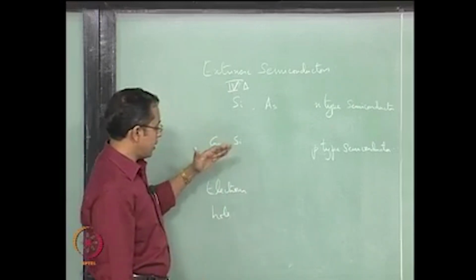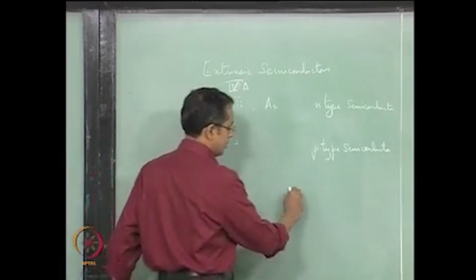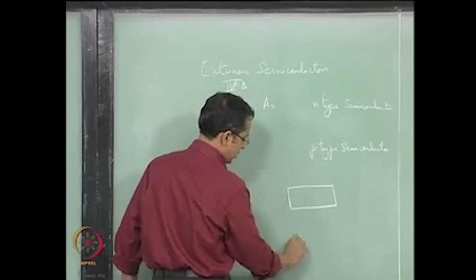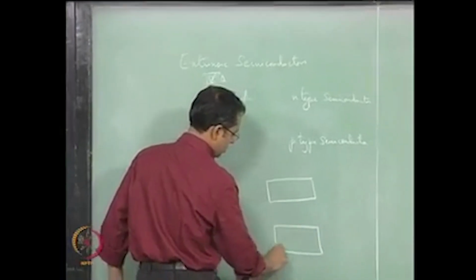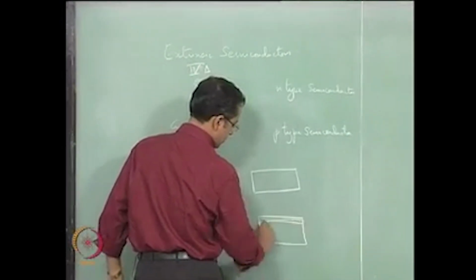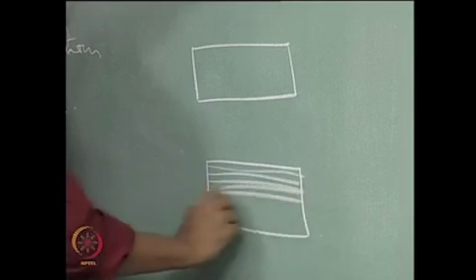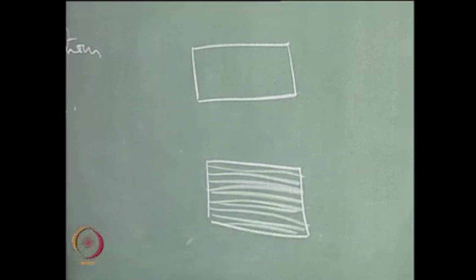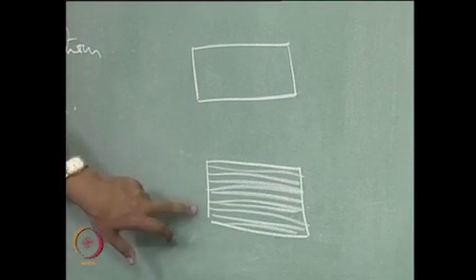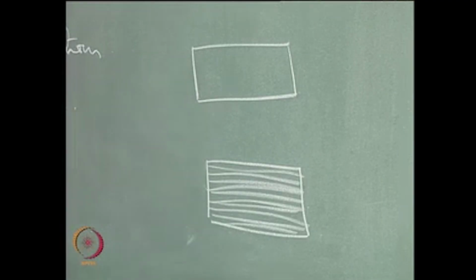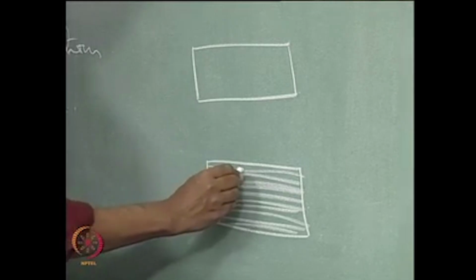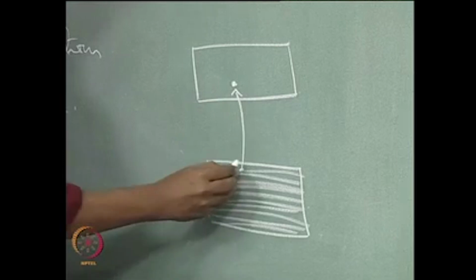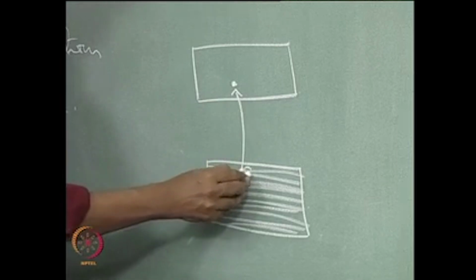So when you talk of bands, a filled valence band and an empty conduction band, every time you take an electron from the valence band and move it across to the conduction band, you have an electron there, and you have left behind a vacant location here.